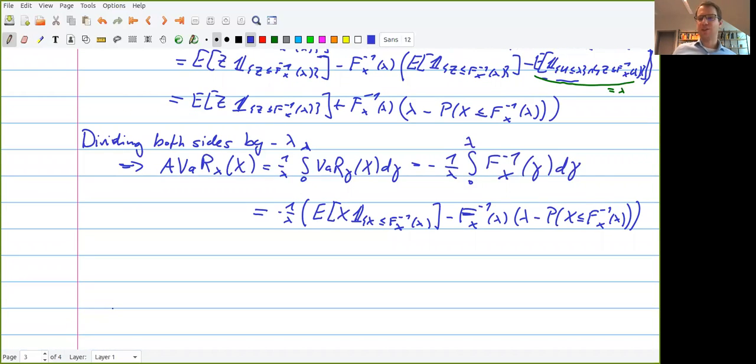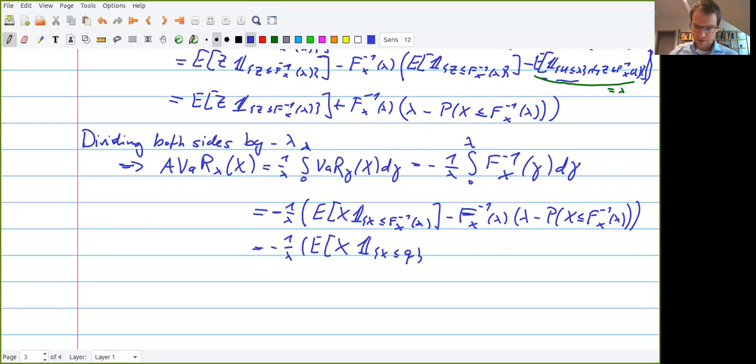Okay. All right. Okay, what is this? Well, this is nothing else than 1 minus 1 over lambda. What is this? This is the expected value of x. Well, this is just equal to q, so q is the quantile at level lambda.